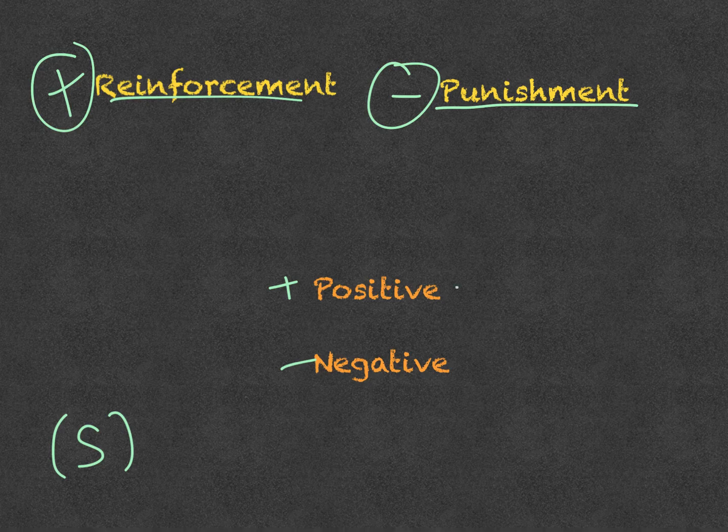For the positive punishment, this is when you display a behaviour which is not desirable, and perhaps your parents would punish you by shouting at you in public in front of all your friends, and then you feel embarrassed. Whereas negative punishment is the removal of something which is favourable in order to decrease the likelihood of the behaviour occurring.